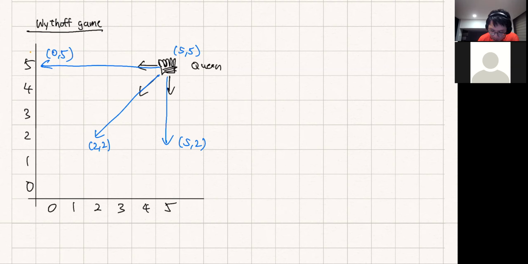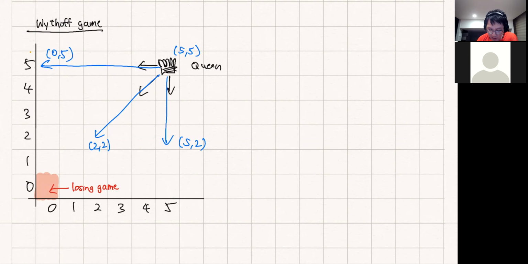The 0, 0 square is where things end. This is a death trap. The game is lost if the queen gets there, so when the queen hits that spot, it is game over for whoever gets the queen at that spot. That is the game.